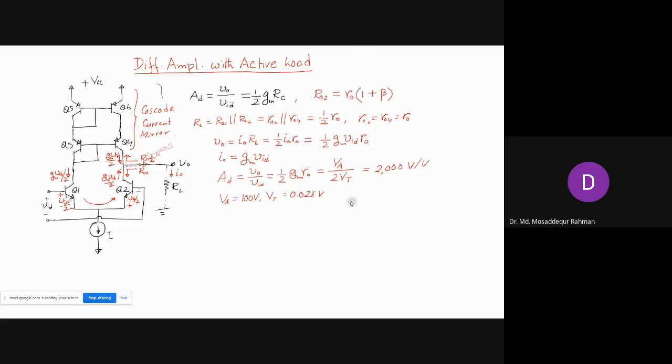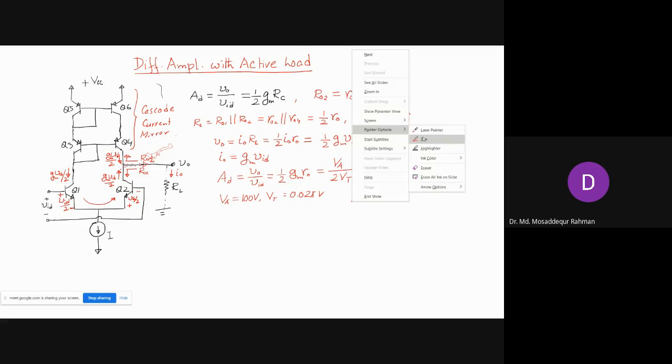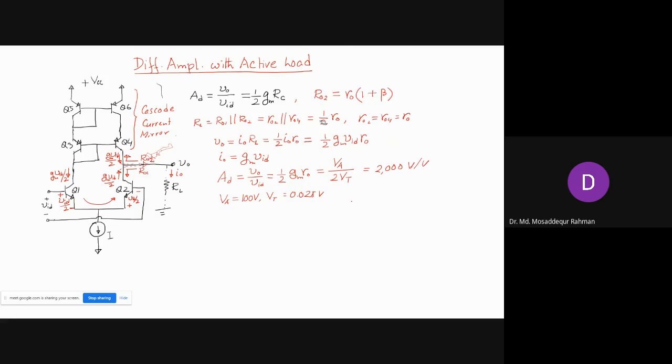Instead, we are just not using the subscript.